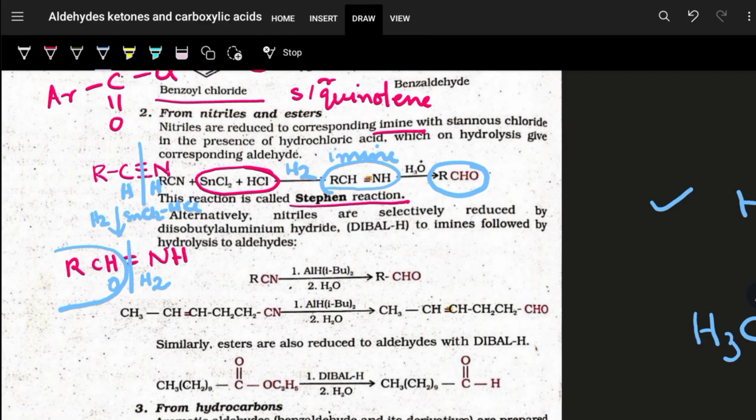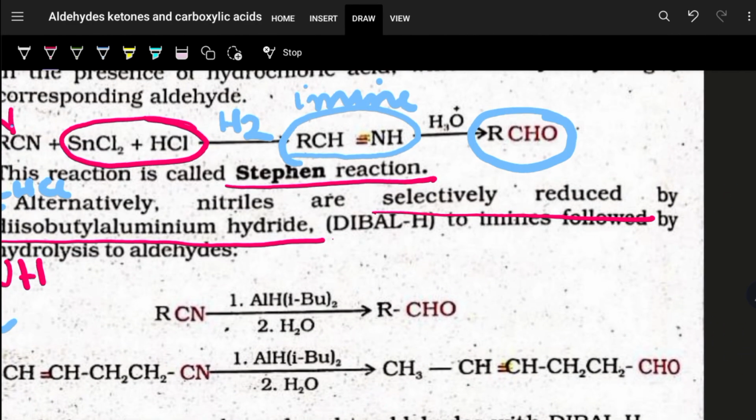Now, nitriles can also get selectively reduced by diisobutyl aluminium hydride or DIBAL-H, that is diisobutyl aluminium hydride. So that's why this is your diisobutyl part and this is aluminium hydride. So this is the formula.